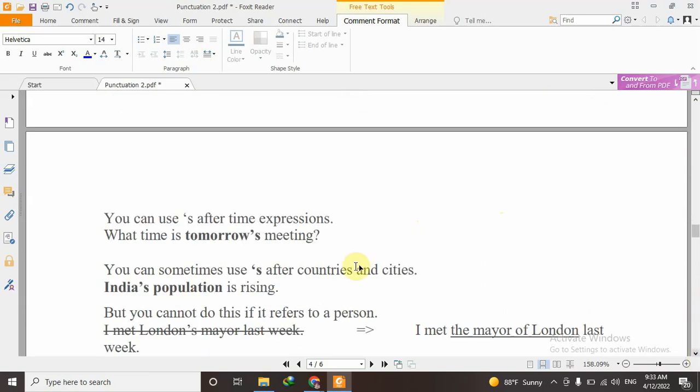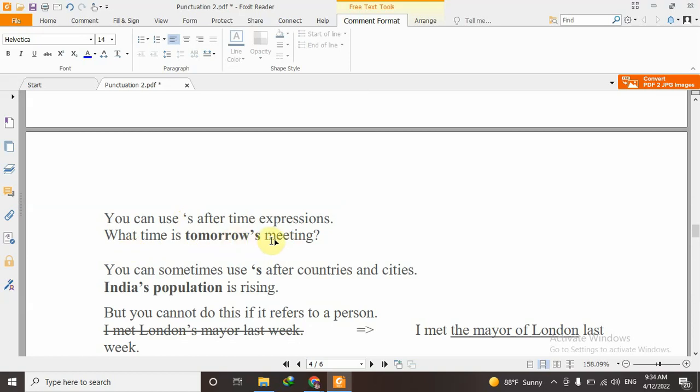You can use apostrophe S after time expressions. Although tomorrow is a non-living thing, because it is a time expression you can say, for example, what is tomorrow's meeting?